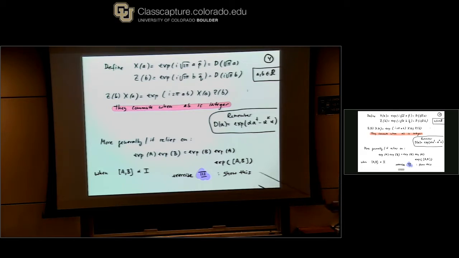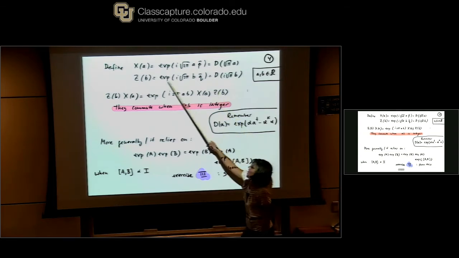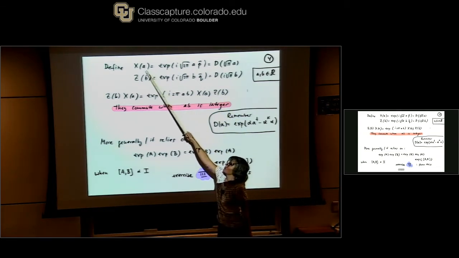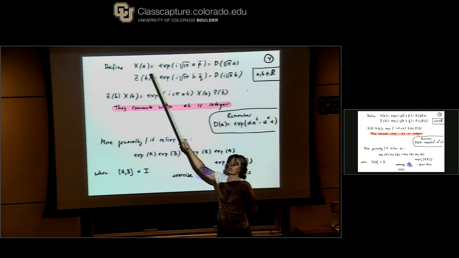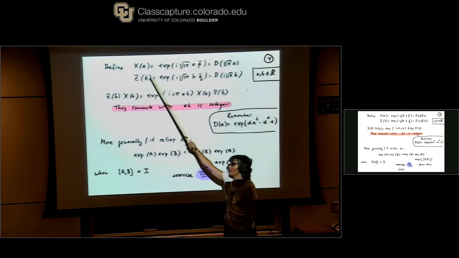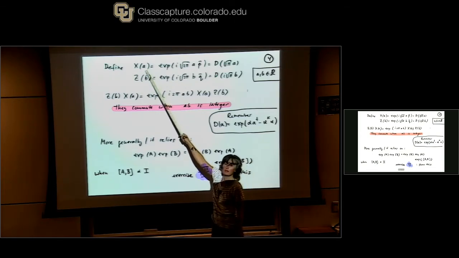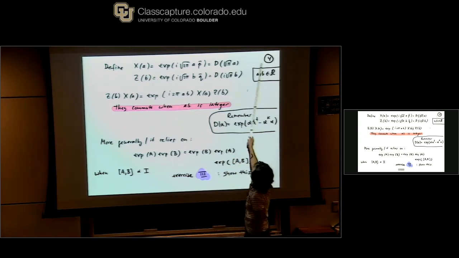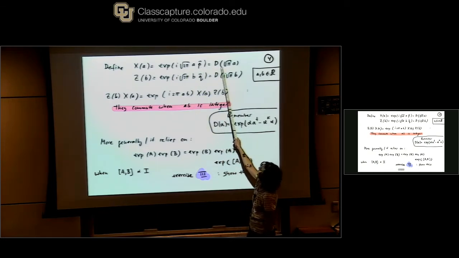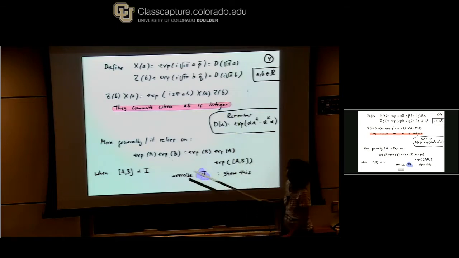There are two directions in phase space, and I can associate them as an XA. This is sort of the Pauli version, the X Pauli version for an oscillator, but it depends on a number A, which is in principle a real element. So it looks like this, and that's just the displacement. This is just taking care of some square root of 2 and so on.